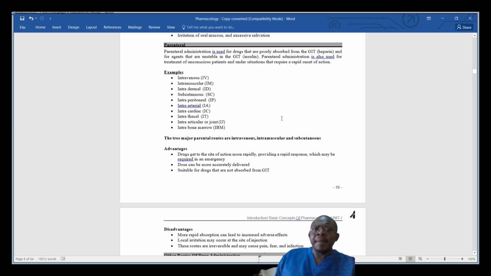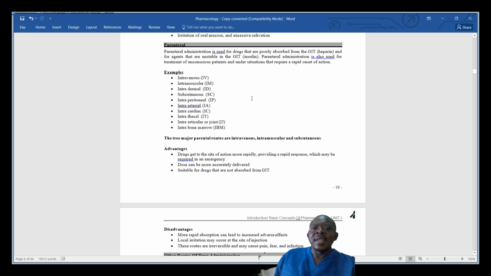Intramuscular, in the muscle: these are drugs that are given in the muscles. It's also important that you appreciate the abbreviations because these are standard abbreviations used in pharmacology. Intravenous we abbreviate as IV, and intramuscular, in the muscle, we abbreviate as IM.